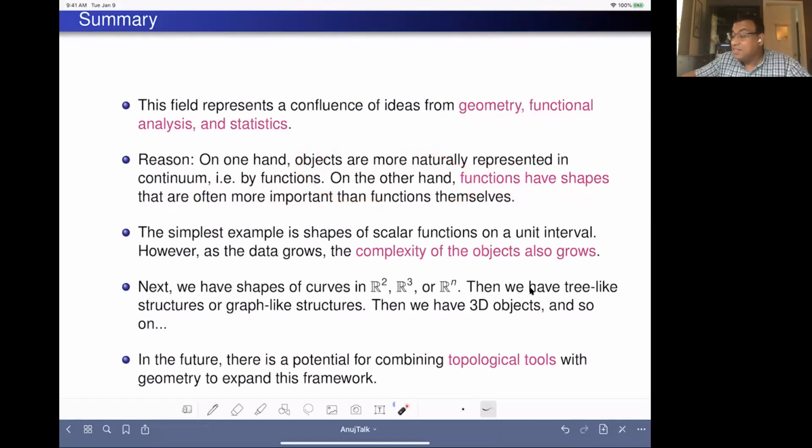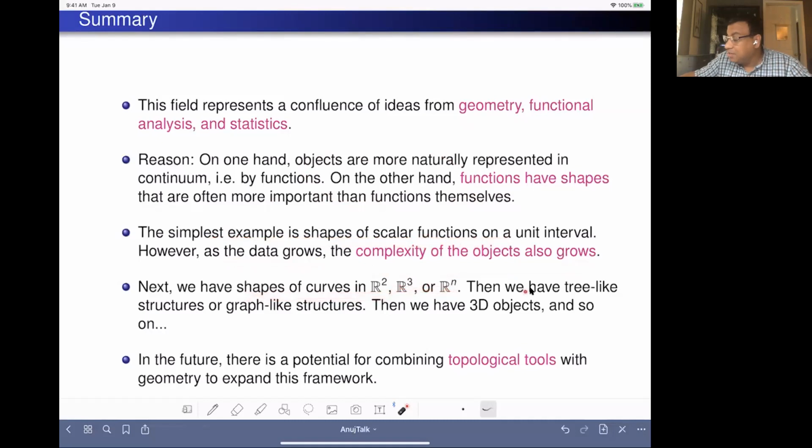The simplest example of functional data analysis and shape data analysis coming together is scalar functions. But as the data becomes more complex, the complexity of the analysis grows. We start with scalar functions, then we look at curves, curves in a plane, curves in R3, curves in Rn.